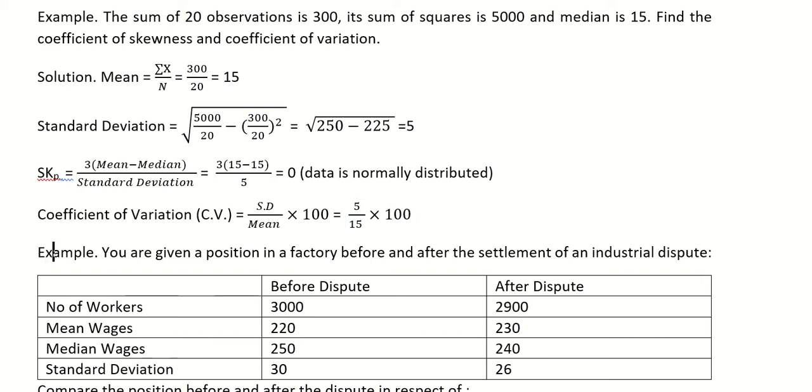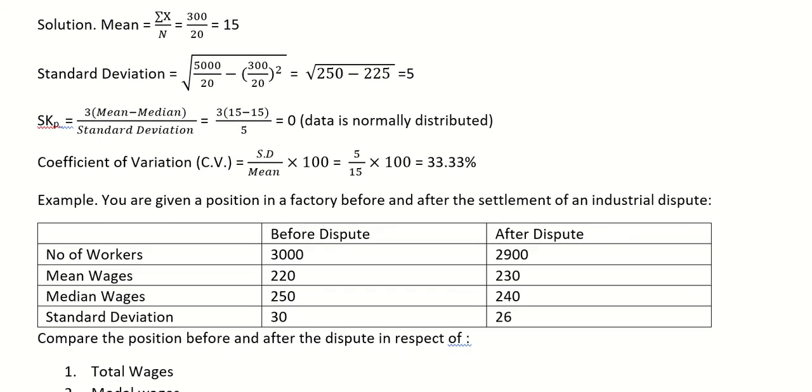So the answer is 33.33%. So we have calculated coefficient of variation and SKP both in this question. Now let's move forward with our third question.